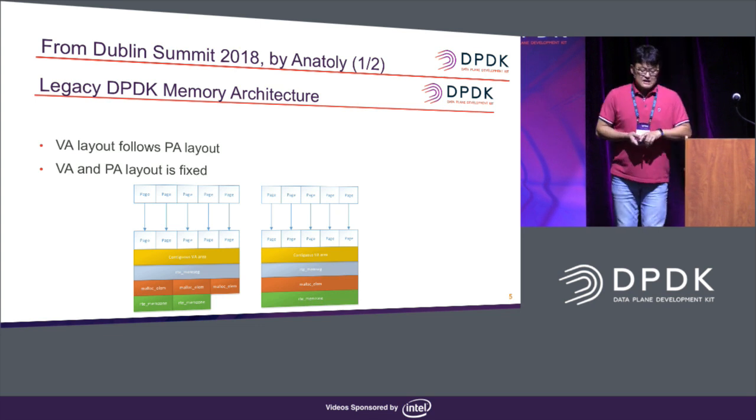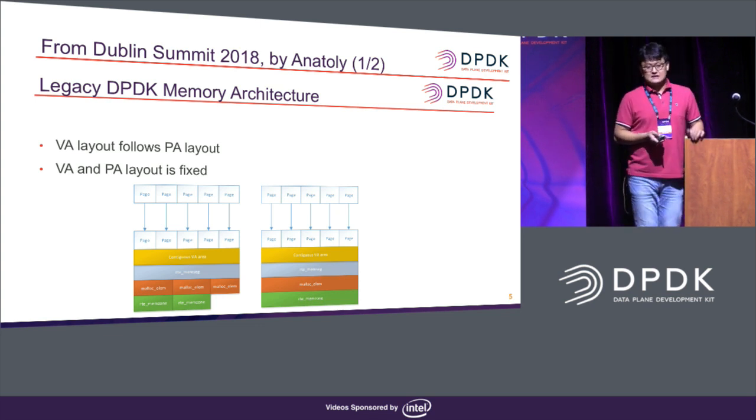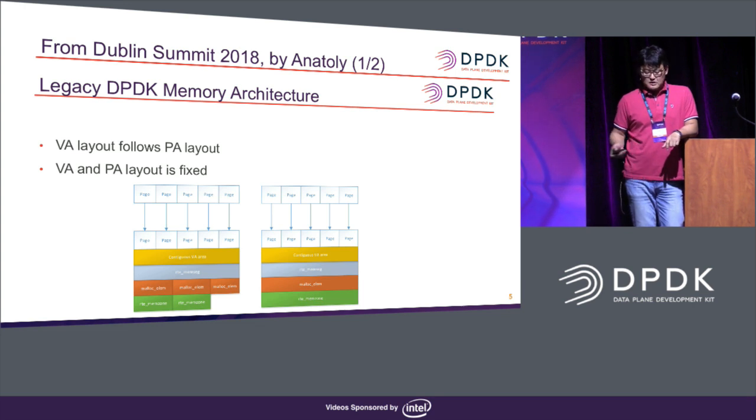Anyway, the VA and PA layout is fixed and does not change. Once the huge pages are acquired from the system, they are fixed there, and the VA space and PA space are all aligned. So not much flexibility.